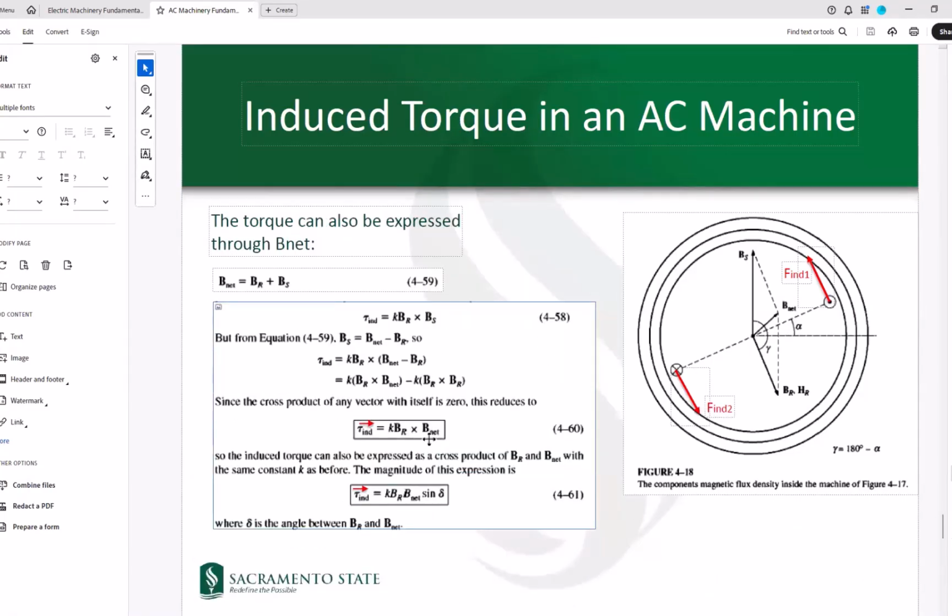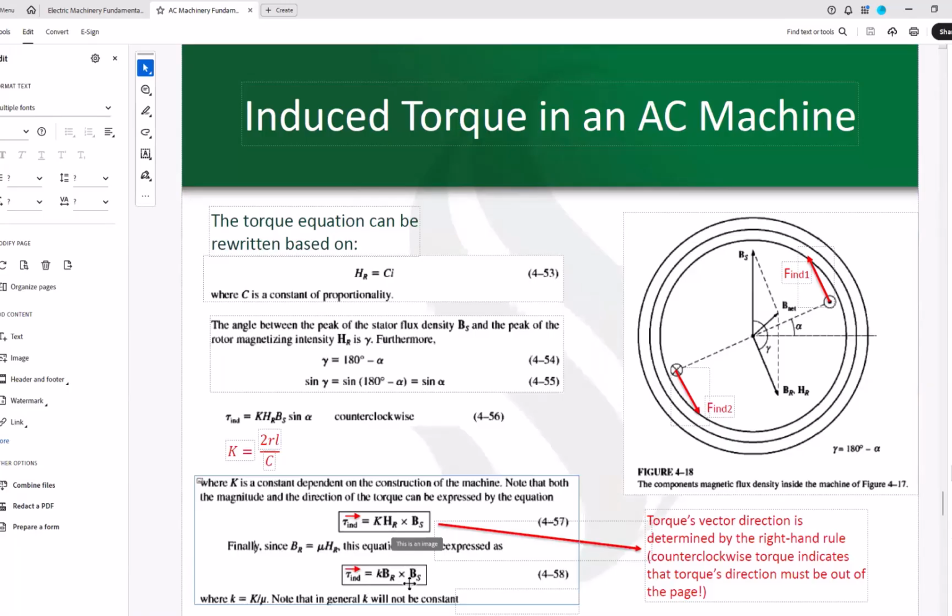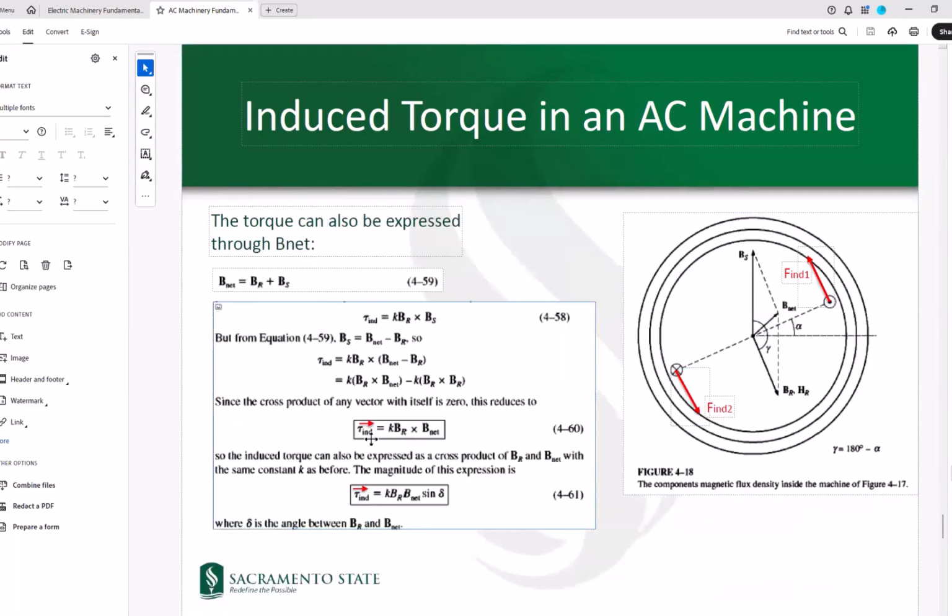Keep that in mind. So when you're using this equation, the angle between BR and BS would be gamma. But when you're using this equation, the angle between BR and B net would be called delta. So here is another expression.